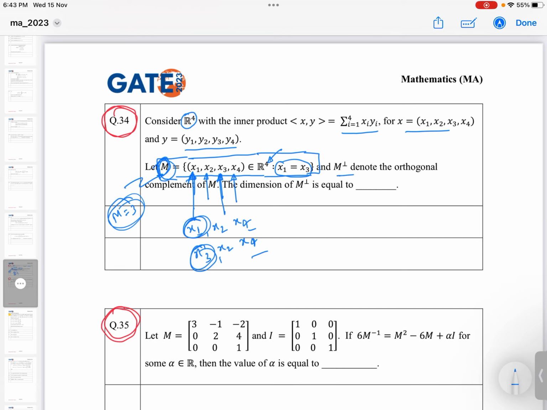And M perp, this is nothing but what we call the perpendicular, and in short we call it perp.